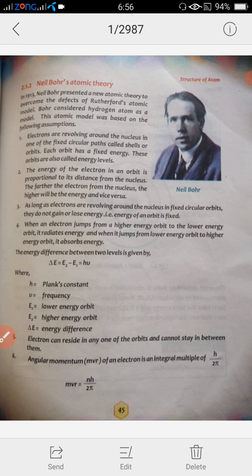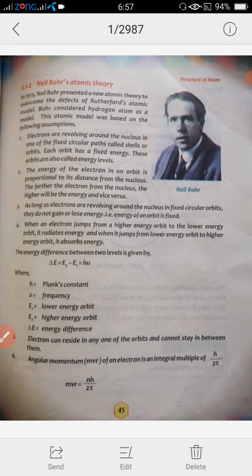So whenever an electron moves from a high energy level to a low energy level, it will release its energy, because the electron wants to match its energy to the shell to which it is going.